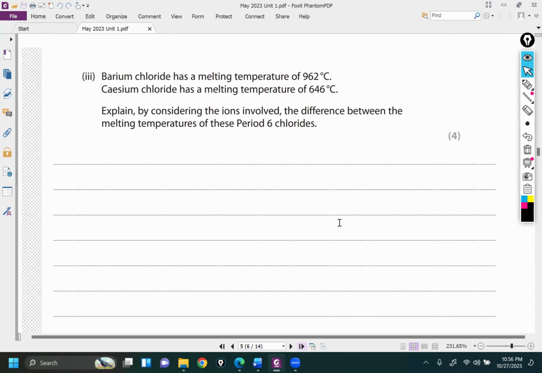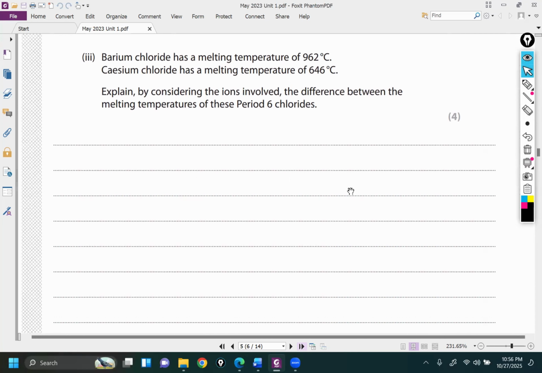Now, in this question, barium chloride has a melting temperature of 962 degrees Celsius. Cesium chloride has a melting temperature of 646 degrees Celsius. Explain, by considering the ions involved, the difference between the melting temperatures of these period 6 chlorides. Now, one is barium chloride and the other one is cesium chloride. If you look here, lithium, sodium, potassium, rubidium, and cesium.